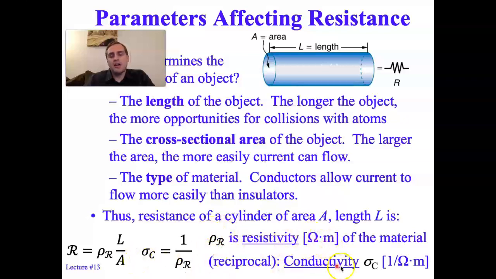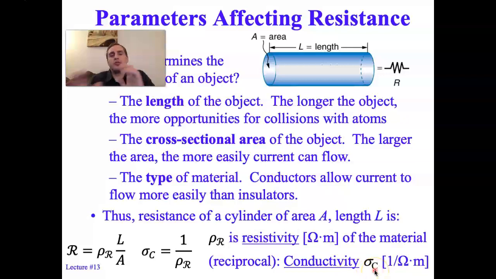The conductivity is going to be the reciprocal of the resistivity. By the way, the conductivity is sigma sub c. Don't get this confused with surface charge density, which we called sigma before. The idea is that the conductivity is just the reciprocal of the resistivity.